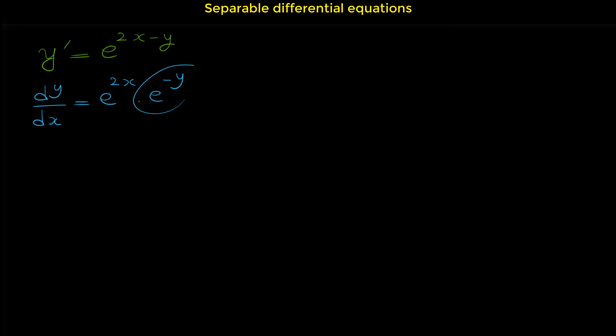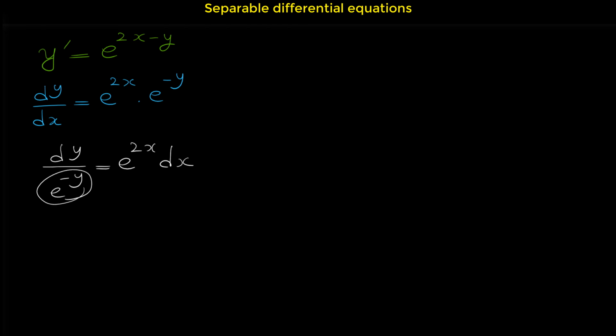Now, if we move this to the denominator of dy and we bring dx to the numerator, we get dy over e to the negative y equals e to the power of 2x dx.